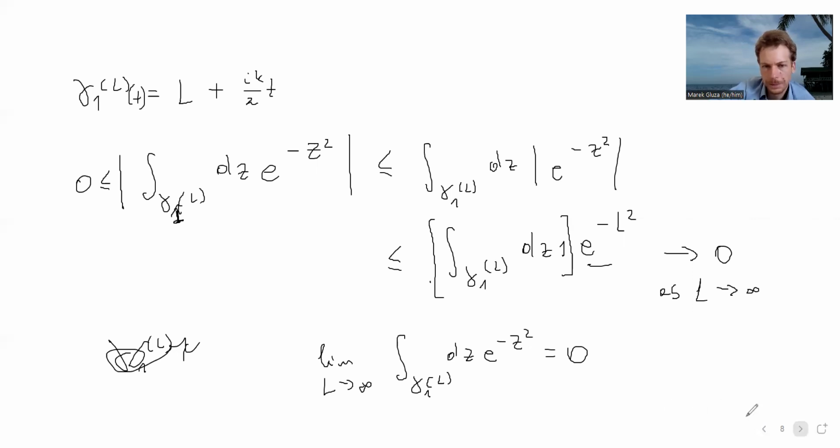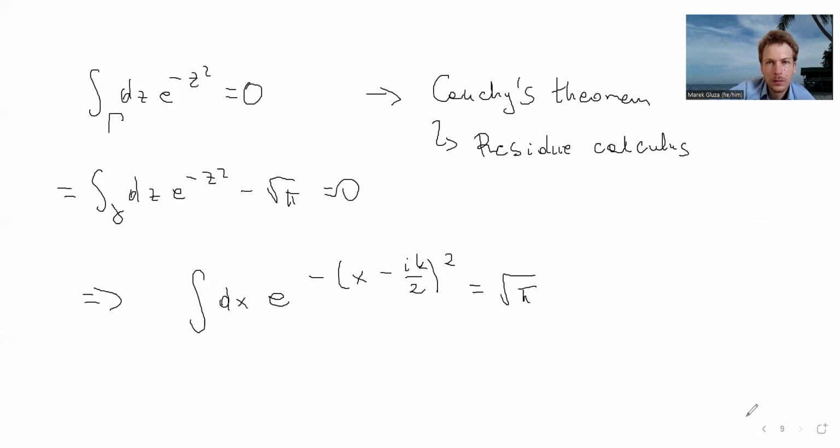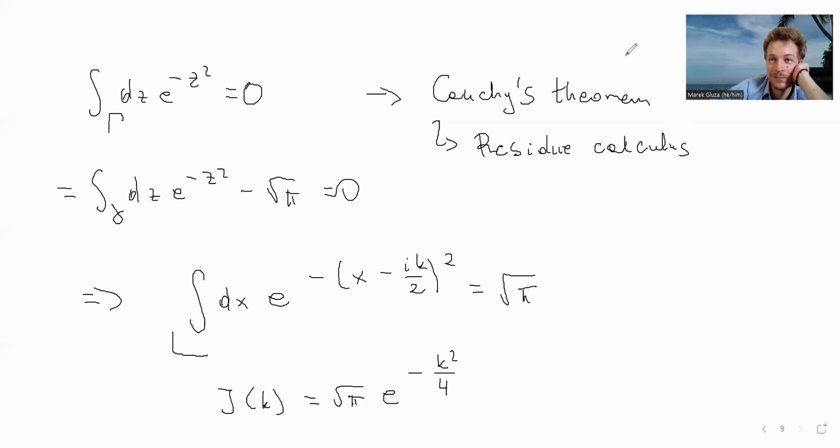So that was going to 0. And then finally, there's this theorem by Cauchy that we take the complex contour at 0. Okay, so we got this, which means that I of k, which is the full integral, is square root pi, and then e to minus k squared over 4. Good.